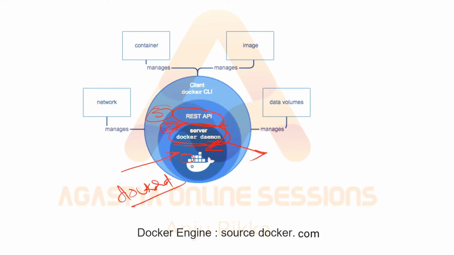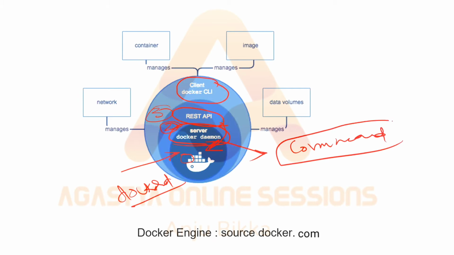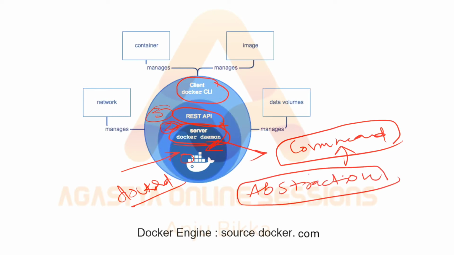Client CLI: Docker is rich in CLI commands. This is also one of the reasons why Docker is very popular among the DevOps community. It is rich in commands and the commands are easy to use. They are completely abstracted, very high level commands, abstracting all the low level details.